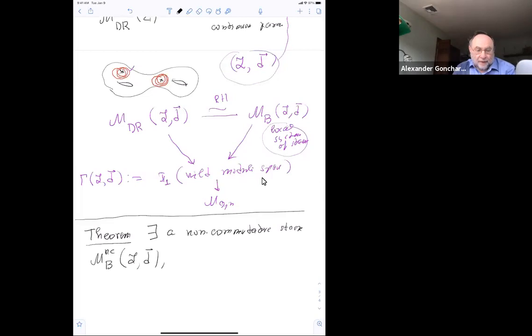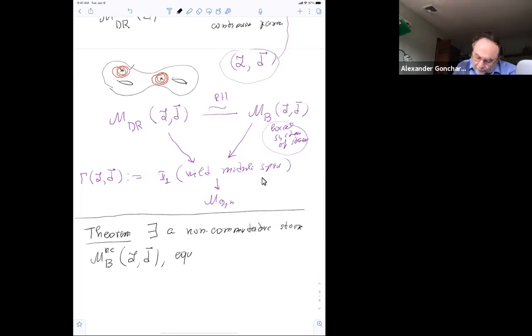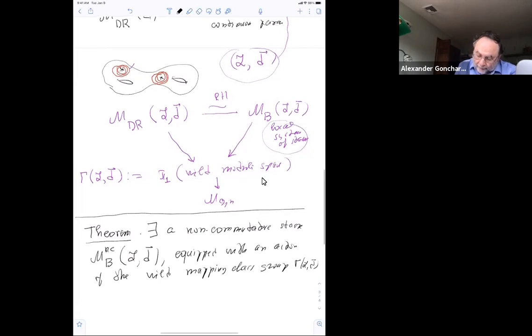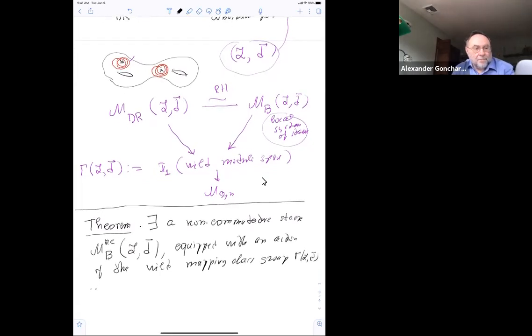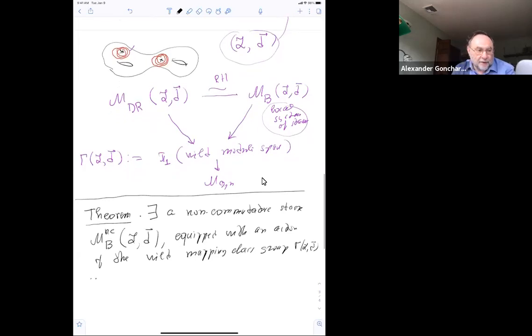And it is equipped, of course, with an action of the wild mapping class group, which was just introduced, gamma. That's the first part. And the second part is that it has some interesting structures, even as a non-commutative stack.